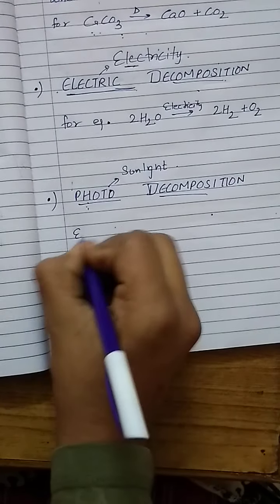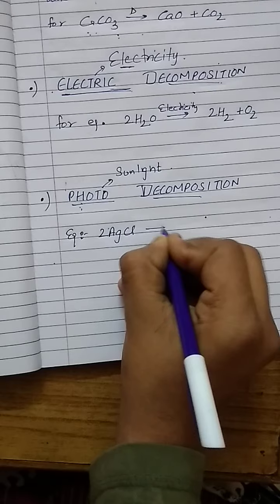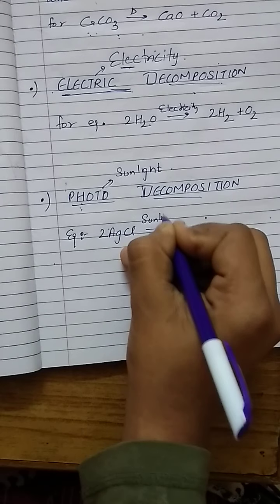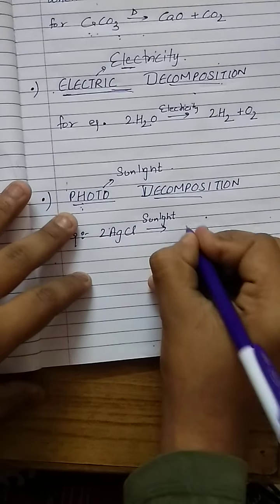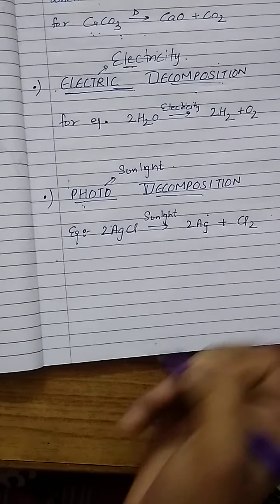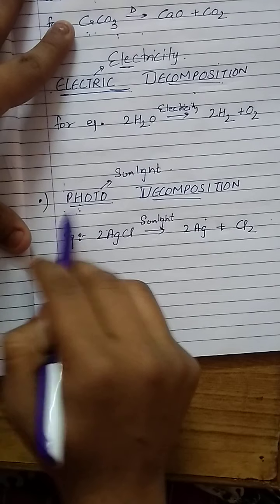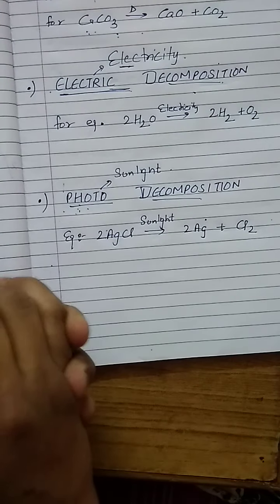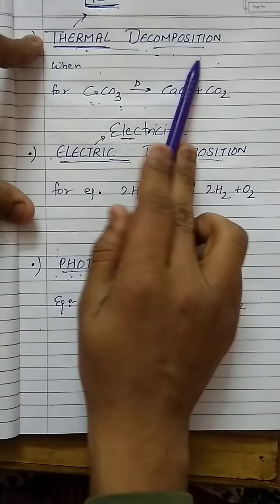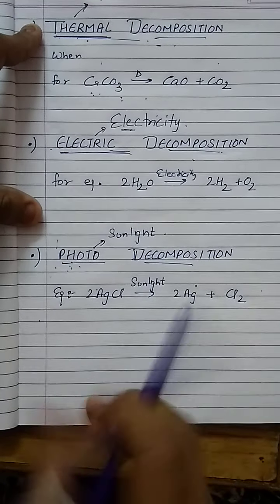For example, when silver chloride, 2AgCl, is decomposed into multiple products in the presence of sunlight, that is 2Ag, 2 silver atoms, plus chlorine. So this reaction is called photodecomposition reaction. So these are the three subtypes of decomposition reaction: thermal, electric, and photodecomposition reaction.